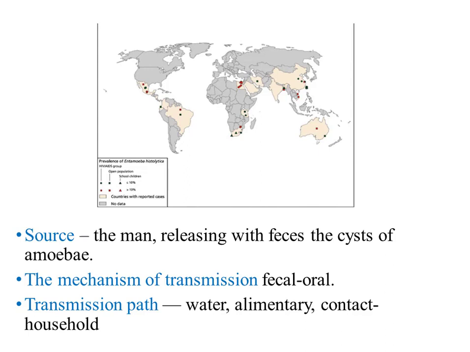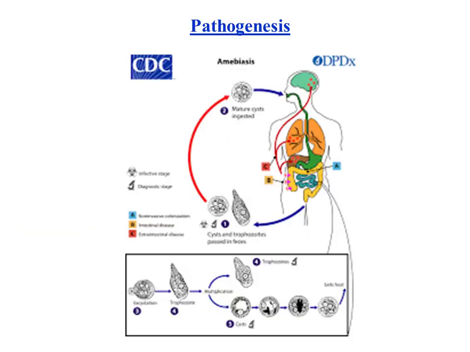It can also be sexually transmitted among homosexuals. The degree of infection of the population depends on water supply and the sanitary condition of settlements. The disease is prevalent in areas with hot and dry climate and is mostly sporadic.